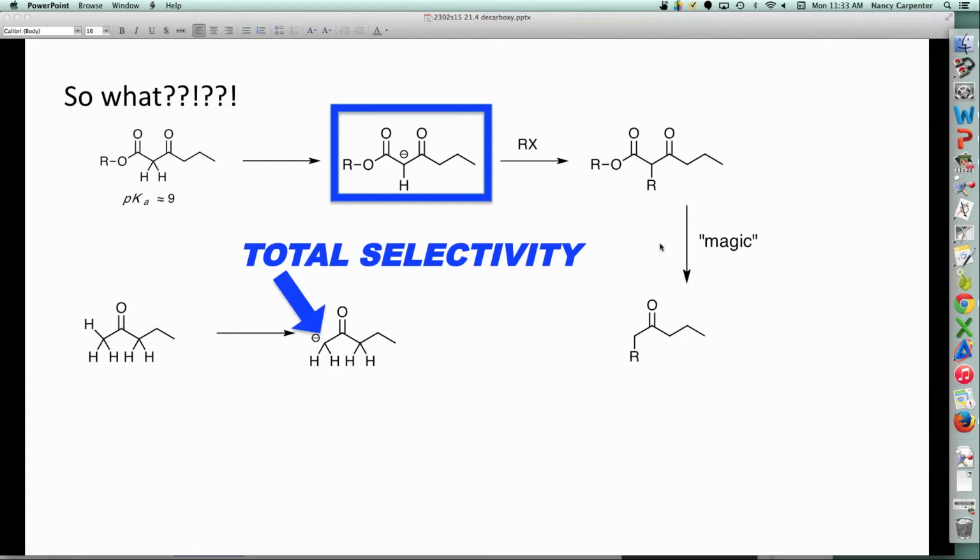I don't even have to try. I don't even have to worry about a kinetic enolate. I don't have to worry about temperature. I don't have to worry about my base. When I deprotonate up here, it exclusively goes for that hydrogen because of the active methylene. It's much more acidic than any of those guys. Then all I have to do, add my halide, as we've seen, and you've got your selective product.